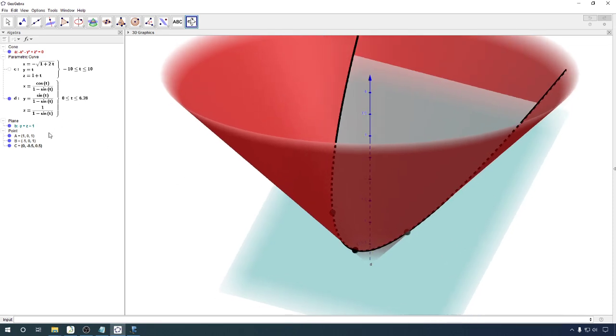But the beauty of this one is that you do get the entire intersection, though of course the formula is kind of complicated. Having to have it over 1 minus sine of t is kind of an issue. You also are dealing with the fact that where it does go off to infinity is at an awkward pi over 2, stuff like that.